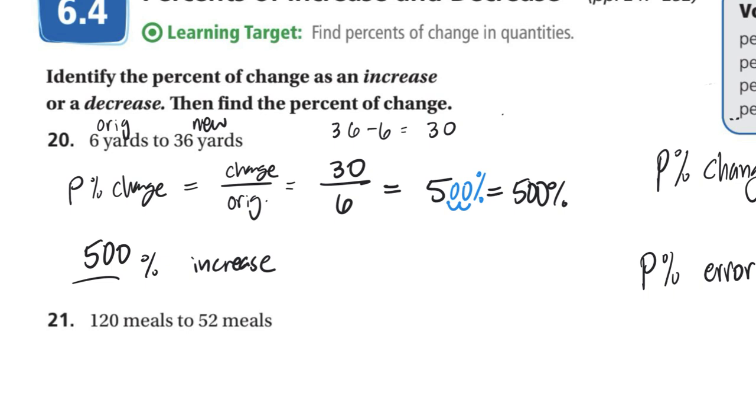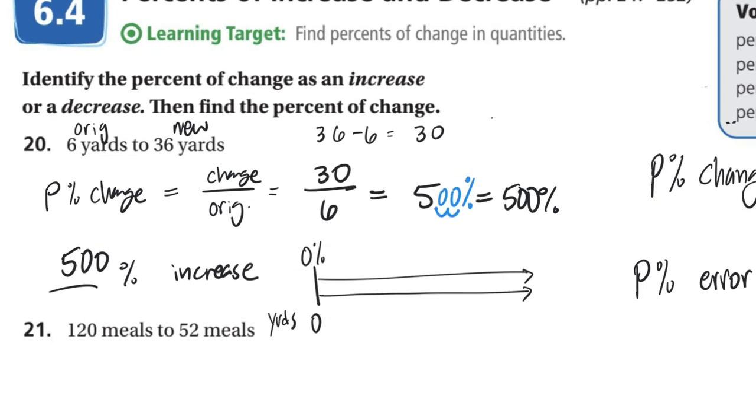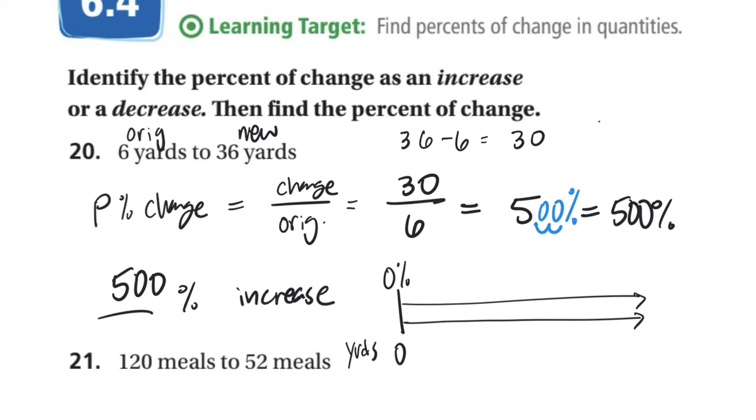Now, if that's not making sense, here's a visual for it, okay? Our friends, the double number lines. 0% of anything is 0. These are yards here. And the original amount, the 6, this was the 100%, the full amount. It was 6, it's now 36.